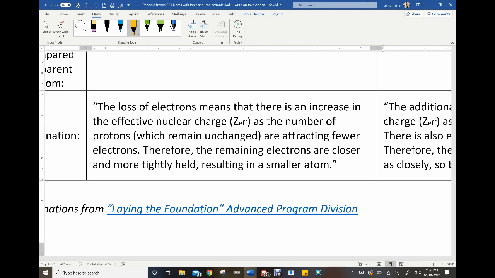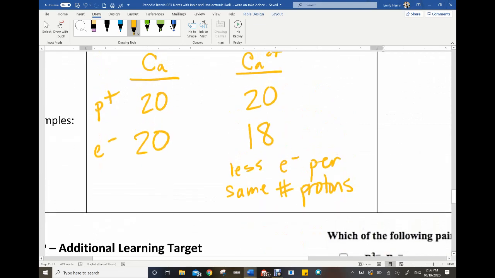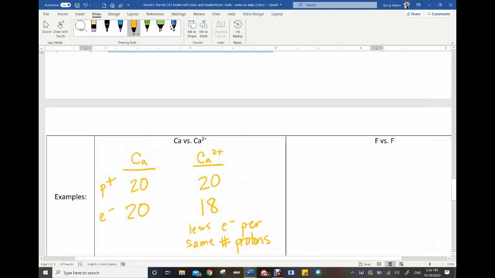So whatever electrons are left are going to be attracted in more closely and more tightly held, which will result in a much smaller atom. That increase in effective nuclear charge due to having fewer electrons means those remaining electrons will be pulled in more closely, more tightly held, and as a result, you're going to end up with a smaller radius for your atom.